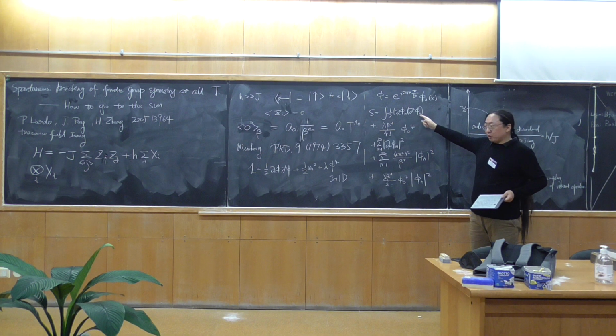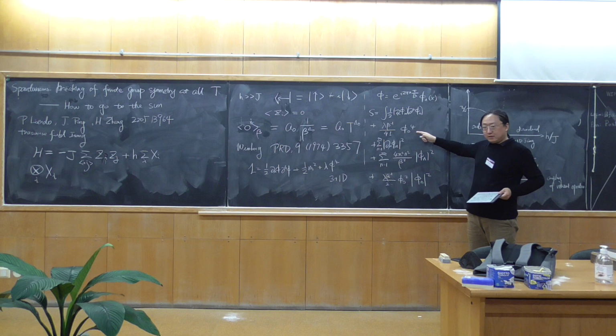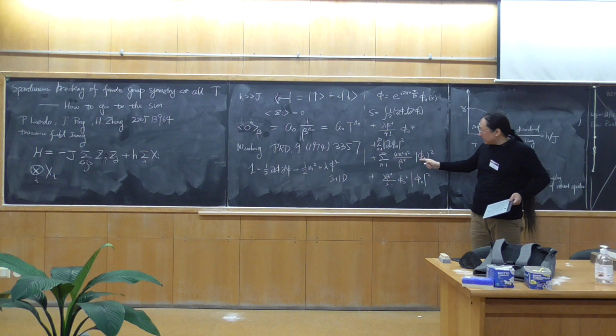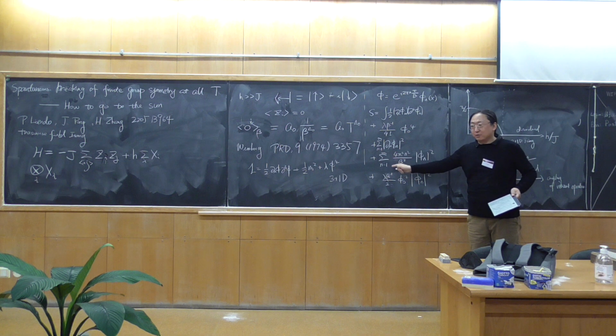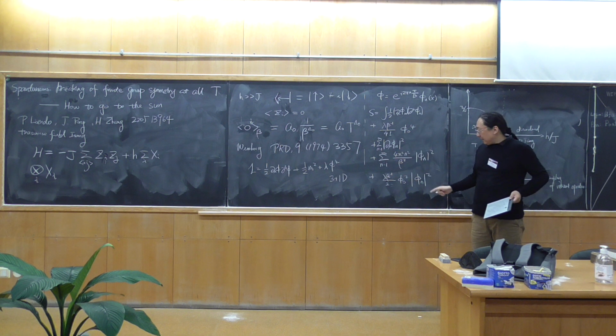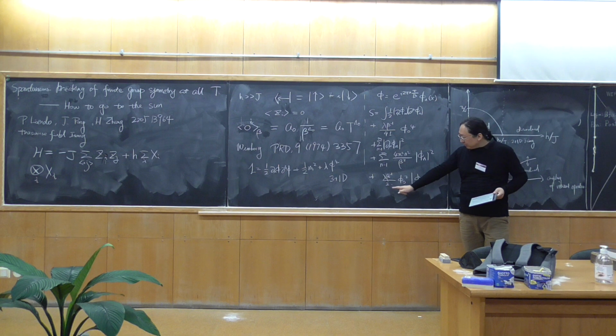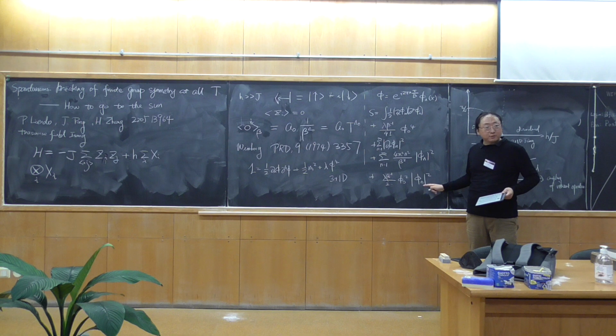First of all, there's a zero mode, which is massless. There are also higher Matsubara frequencies, which are massive. The mass is given by this formula. And there is an important term, which is the interaction between the zero mode and the higher Matsubara frequencies.